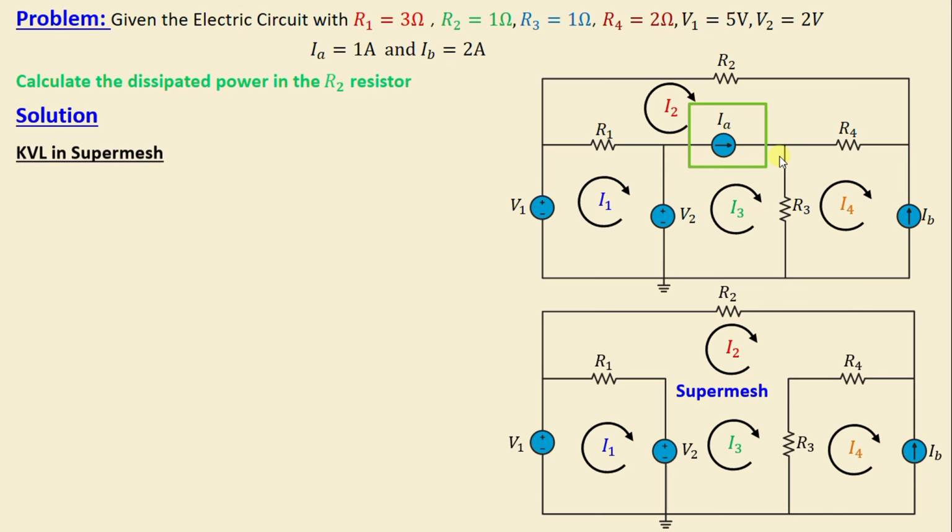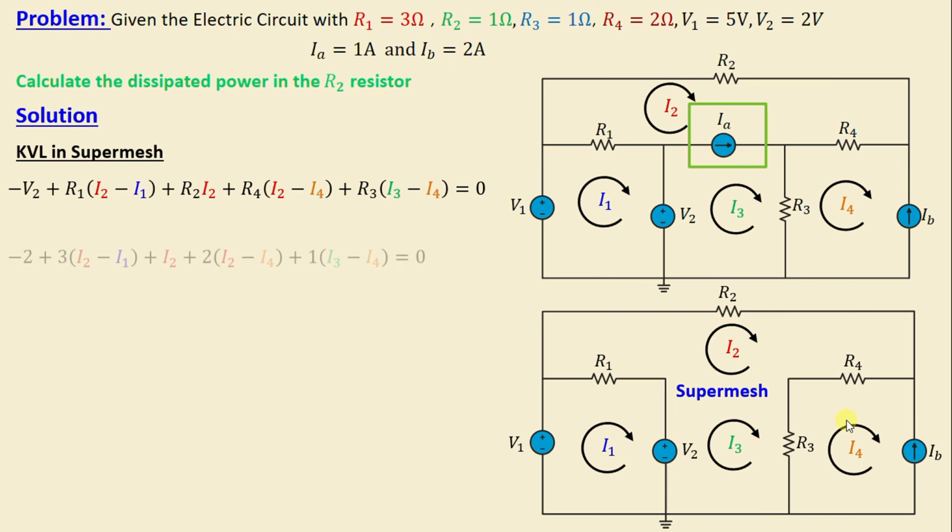By applying KVL in the supermesh, we can write negative V2 plus R1(I2 minus I1) plus R2 I2 plus R4(I2 minus I4) plus R3(I3 minus I4) is equal to 0.